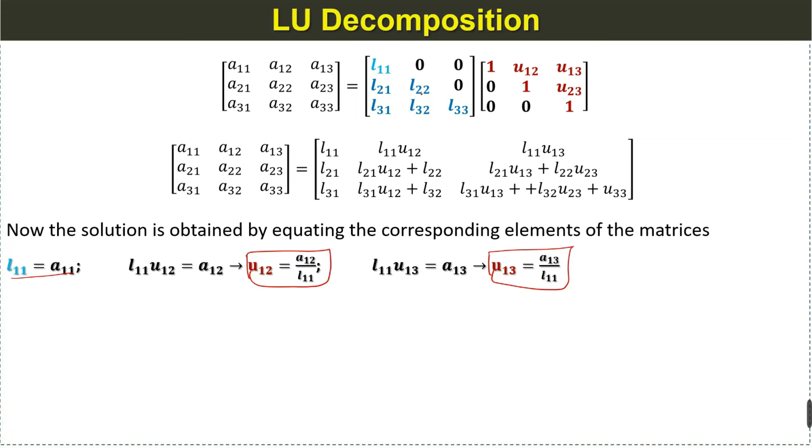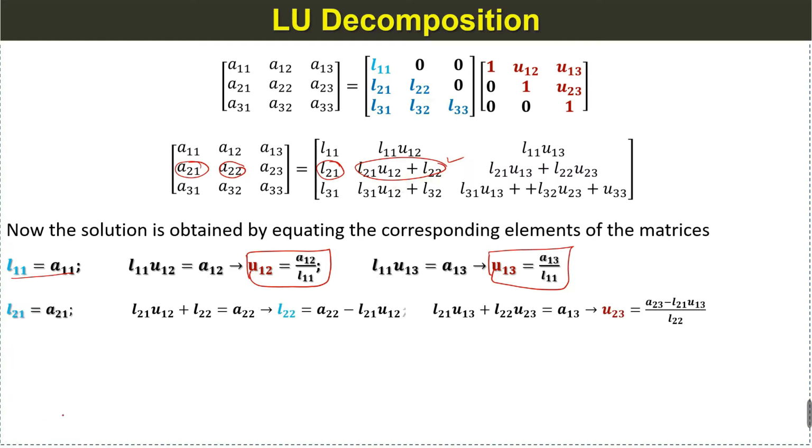Now we again equate this entry of the coefficient matrix, and this equation we equate with this one, and then we simplify this equation for the value of L22, because here L22 is the unknown. Okay.